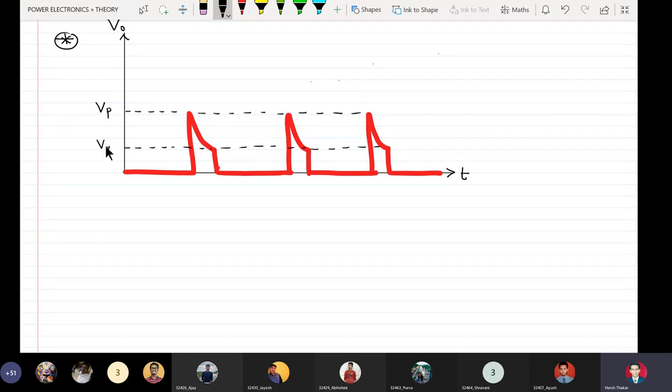Peak point voltage, valley point voltage. So the frequency of these pulses is nothing but this. Either you can take it from this point, like that.